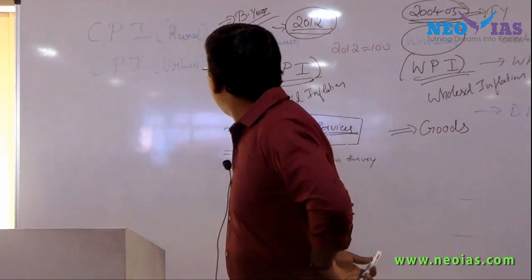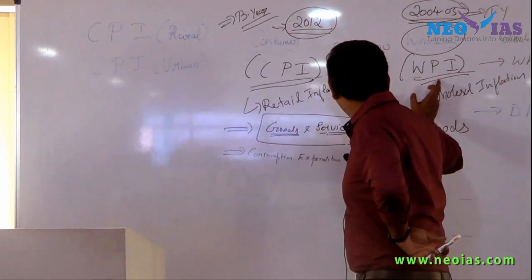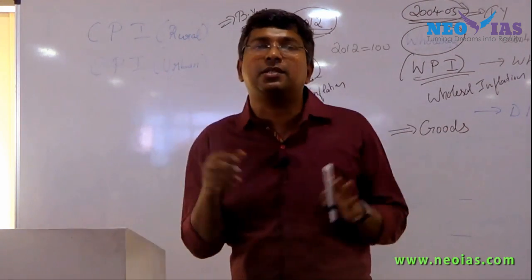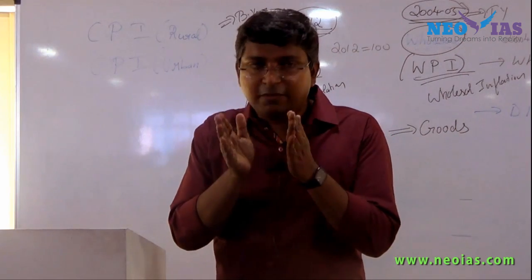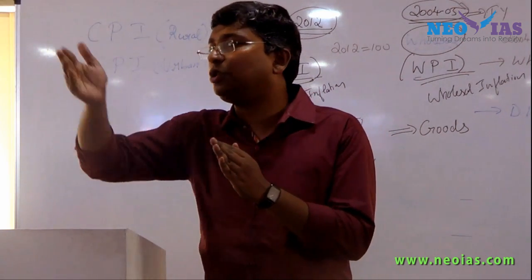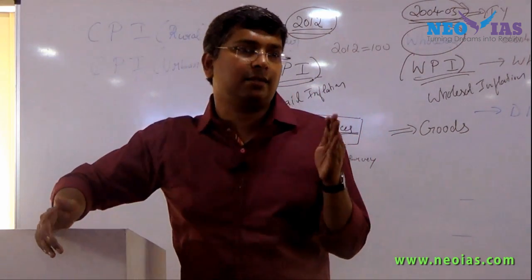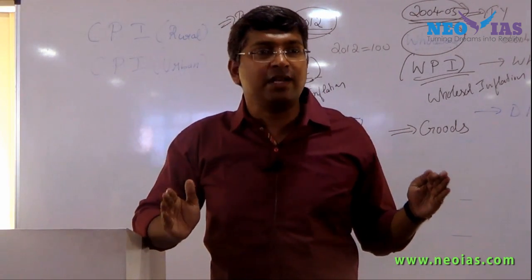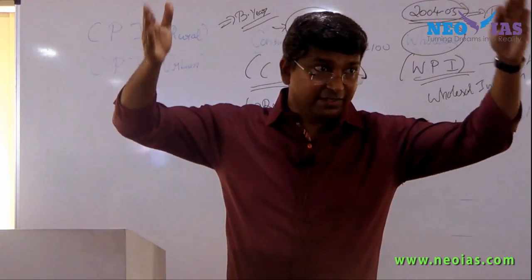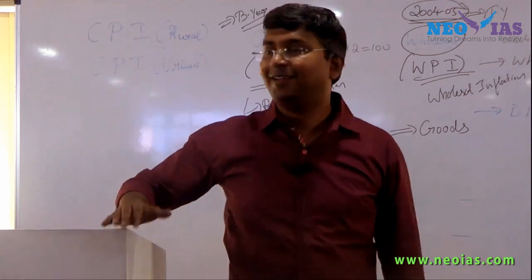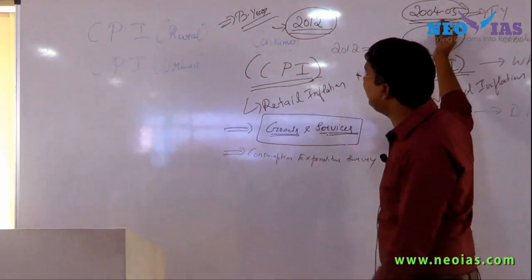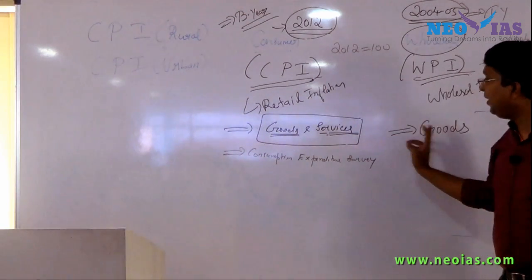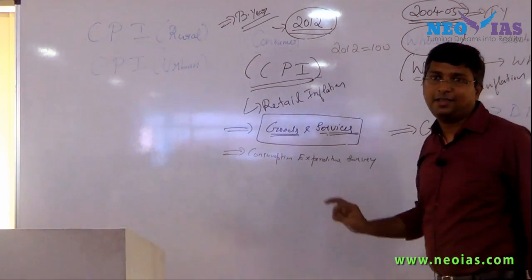Now in relation to wholesale price index and consumer price index, there used to be a divergence in the inflation rate, and you know the reason. One reason is there is a big difference in the base year itself: one is 2004-05, the other is 2012. Second, one does not include services.